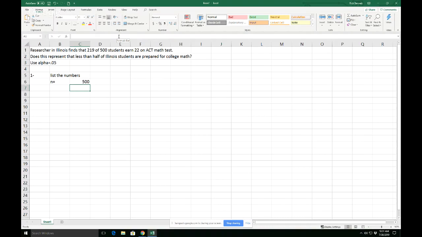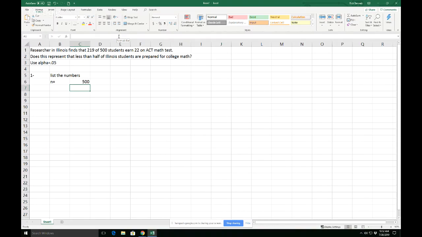Let's label this properly. So 219 of 500, is that P or is that P hat? Can it be both? No, you got to pick one. Should we vote? Who says it's P? 1, 2, 3. Who says it's P hat? 1, 2, 3. Oh, we're tied. Why did you say P hat, Alex?